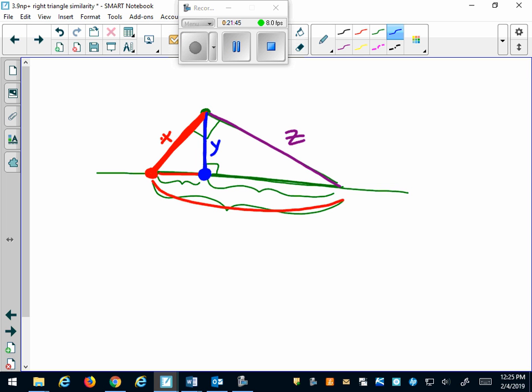What two segments share that as an endpoint? The smallest one and the medium one. So Y is the geometric mean of those two. Z comes shooting down, hits that opposite side at this endpoint. What two segments share that as an endpoint? Medium and whole. So Z is the geometric mean of those two.